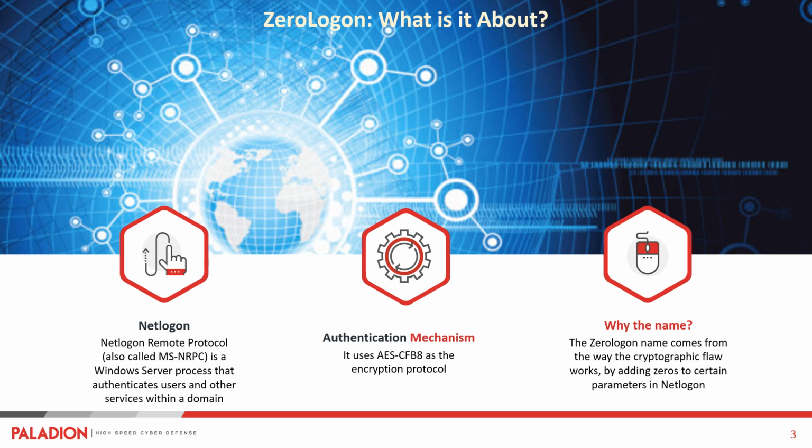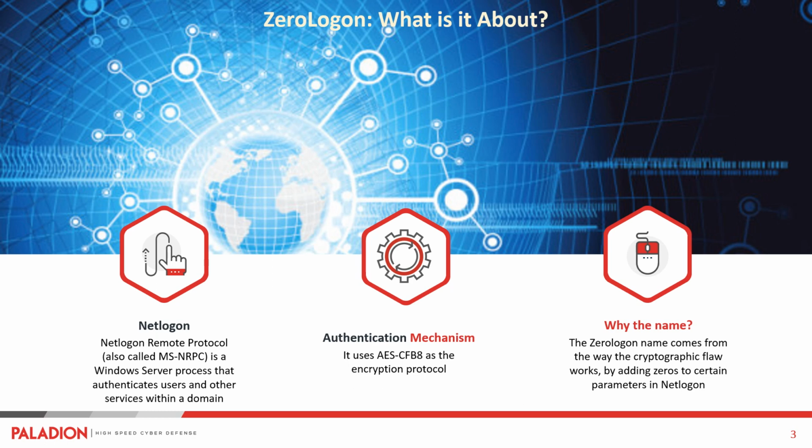Now, there is a fundamental flaw within this protocol, within the usage of this mode of operation, due to which the vulnerability exists. Now, let's talk about why the name ZeroLogon.